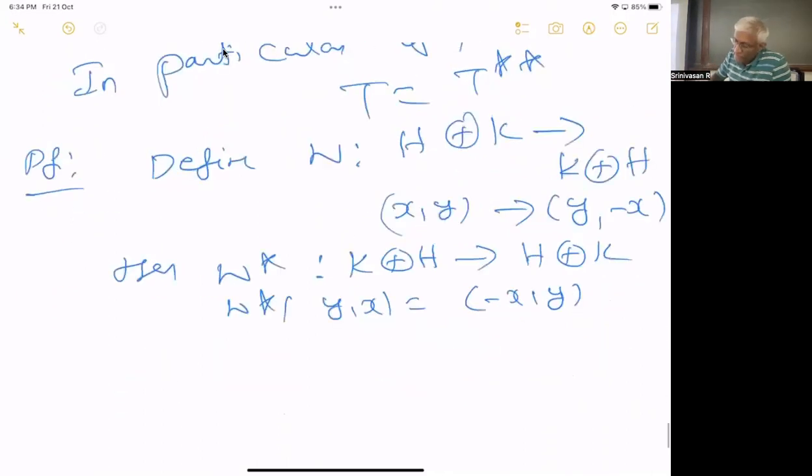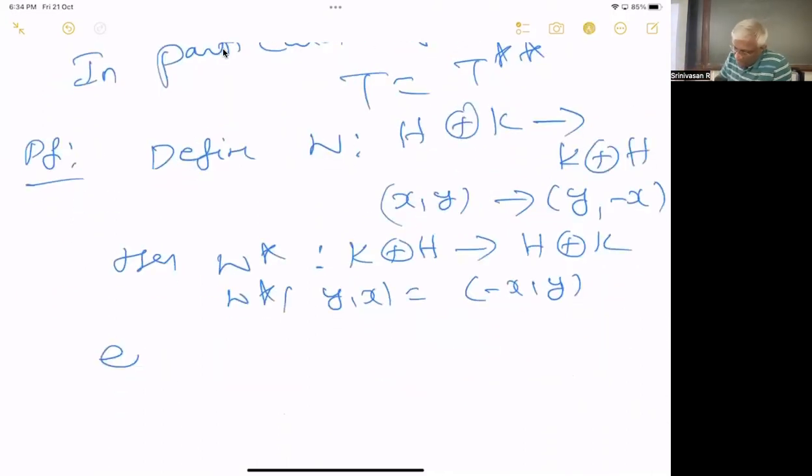So our earlier theorem says that the graph of T double star is equal to W of something.